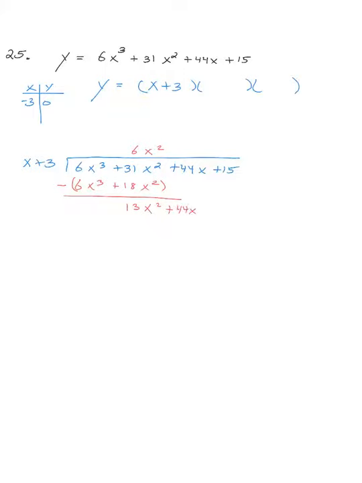That means I'd have to multiply by 13x. I get 13x squared, and I get 39x. If I take the difference, the x squareds cancel, and I get 5x, and I'll bring down the 15. This is going to work out because I'm now going to multiply by 5. It gives me 5x plus 15. That is perfect. I knew I had to have a remainder of 0.